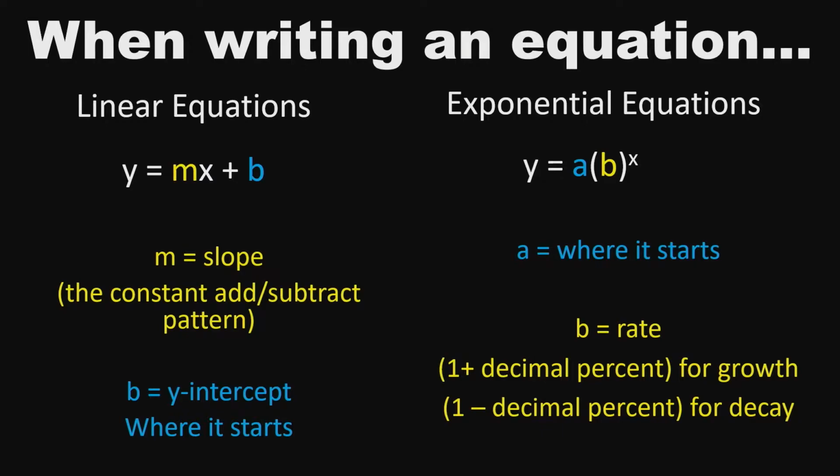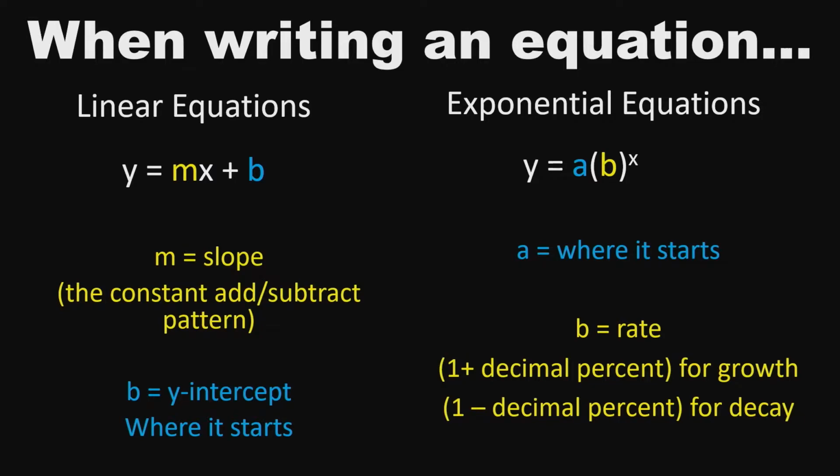I wish that they weren't like this, but some other math person decided that we were going to reuse a's and b's. So a, that number in blue, is where it starts, the number in front of the parenthesis. The b number is going to be our rate, the percent. So for example, we could be growing or decaying. These problems are a lot of times going to have to do with money.